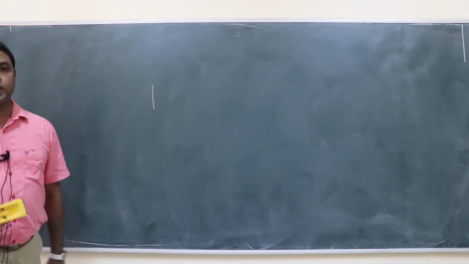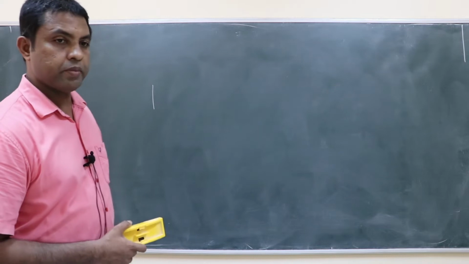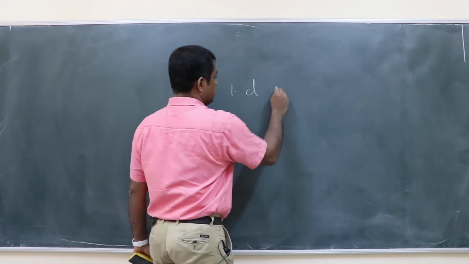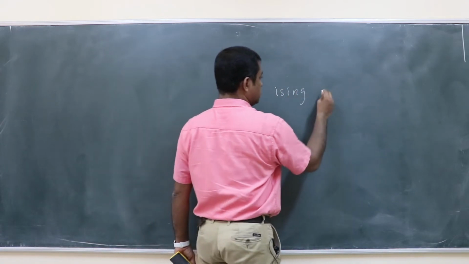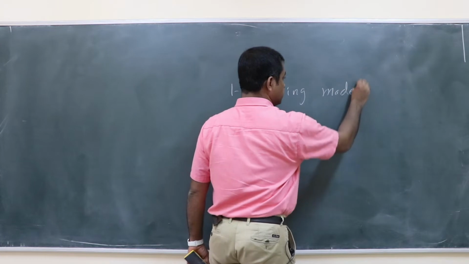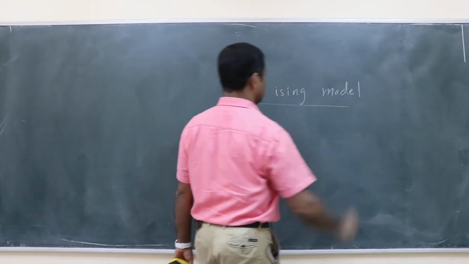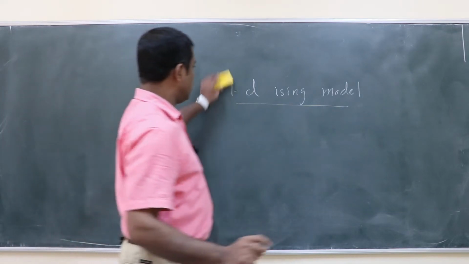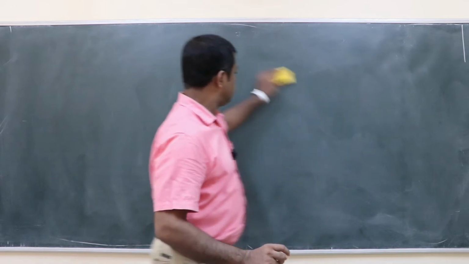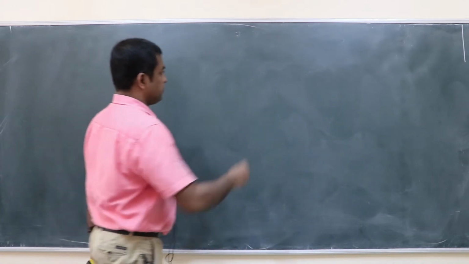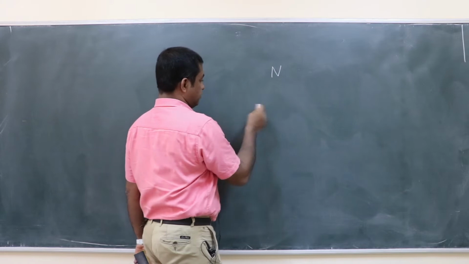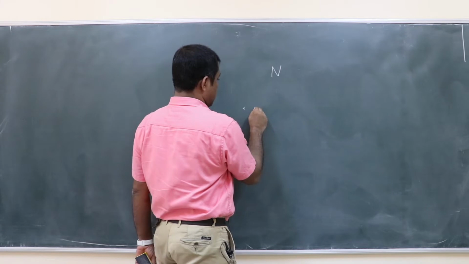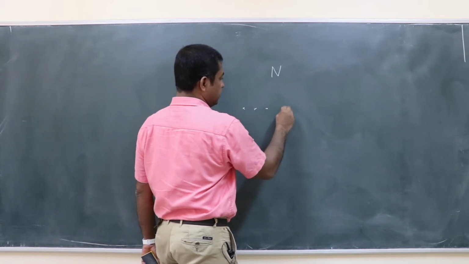So, today we will discuss the one-dimensional Ising model. Here we have n spins or electrons or dipoles in 1D.